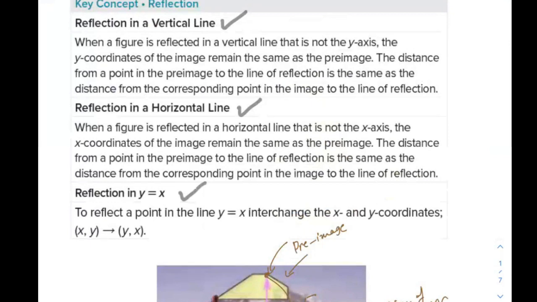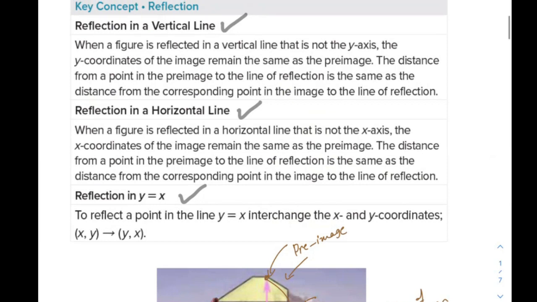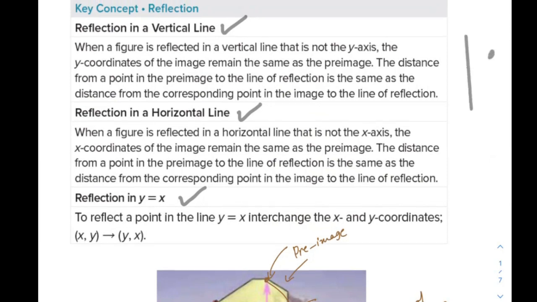When a figure is reflected in a vertical line that is not the y-axis, the y-coordinates of the image remain the same, of course, because if you reflect this point over this vertical line, the image will be here.